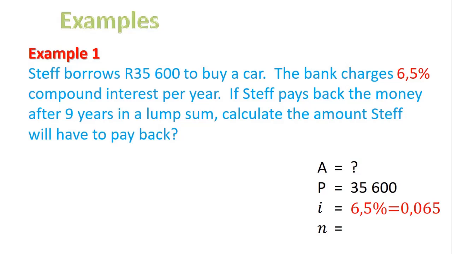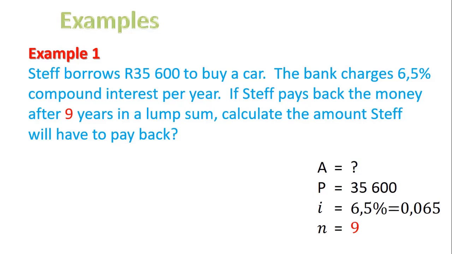The last thing we look for is the n. And if we read, it says, if Steph pays back the money after 9 years. Okay, and so my n is equal to 9. Brilliant. I've got 3 of my values, and I need to find the 4th one.